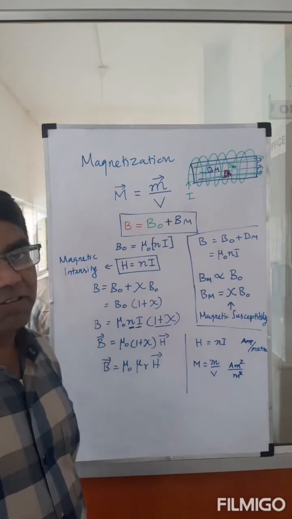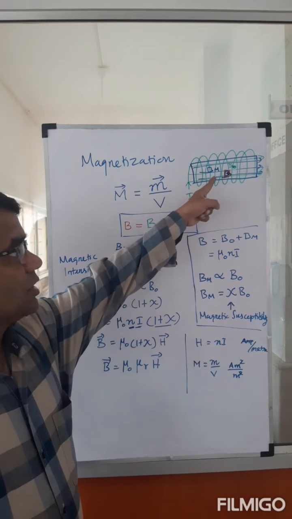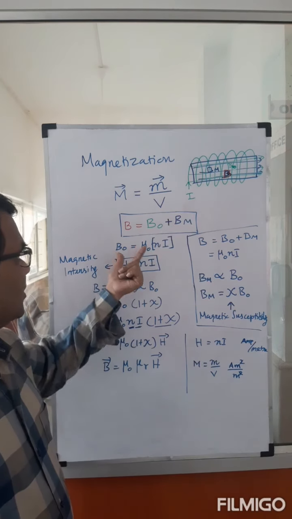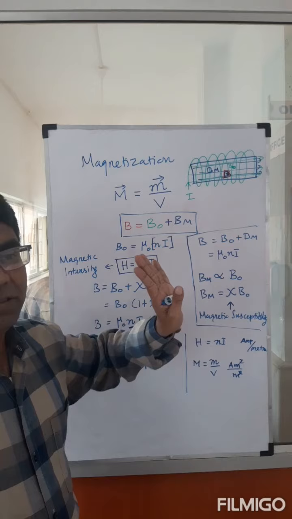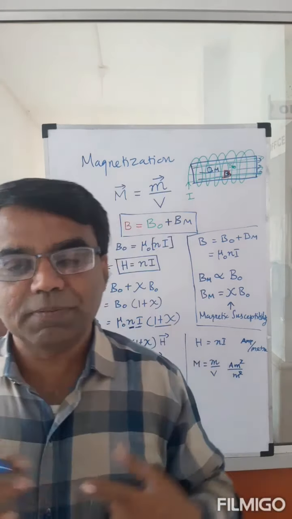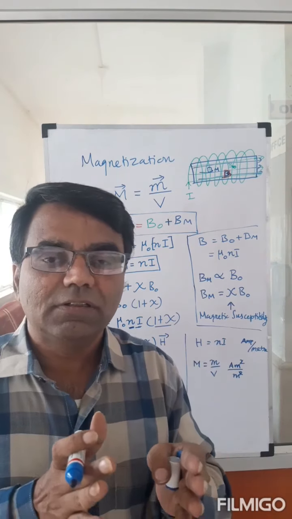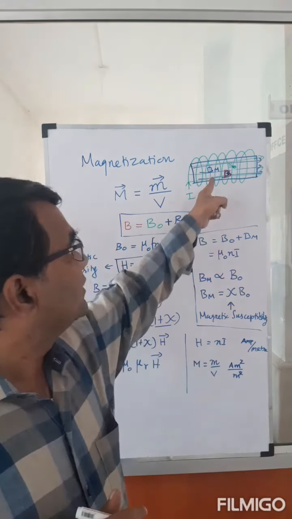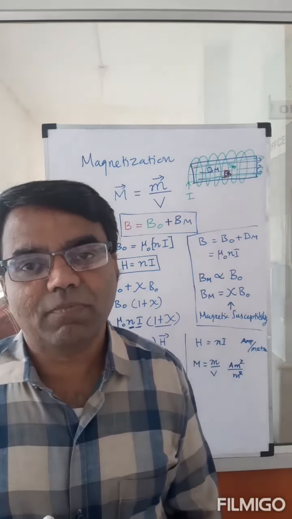So we can express it that way. If the material was not there, then it is simply B naught equal to mu naught into Ni. Because you put a material, the material will respond to the applied magnetic field, and then you will have a different magnetic field inside that space.